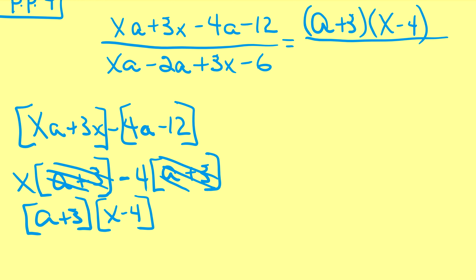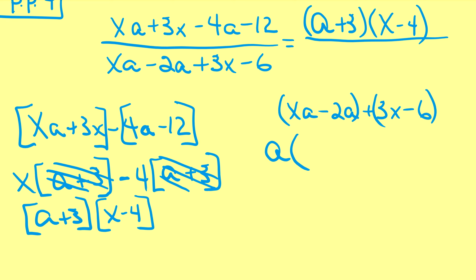I'm going to do the same thing to this denominator. I'll do my workspace over here. I try to minimize my writing, and you want to as well, whenever you can, without it detracting from what you're trying to accomplish. So I've got it recopied here, and again, it's a 4-term polynomial, so we group them and factor the two binomials. Here I'm going to have an a out, and then what's left is x minus 2.